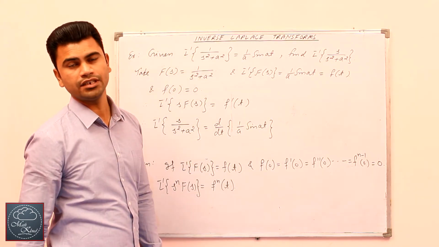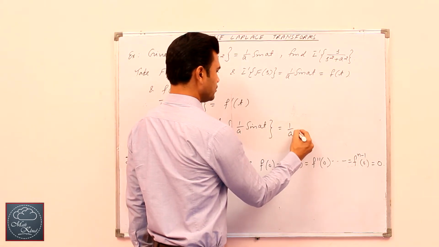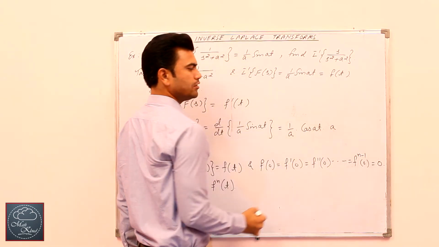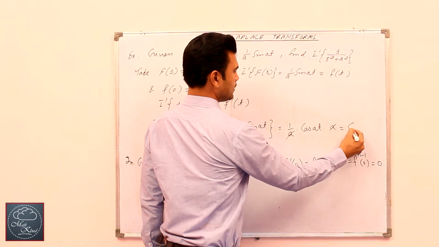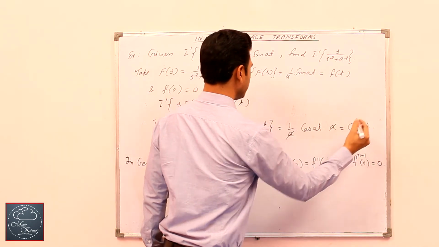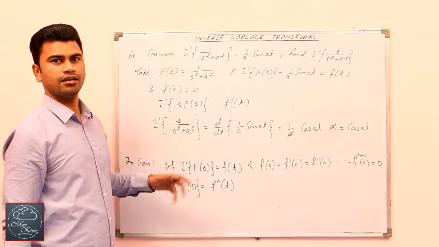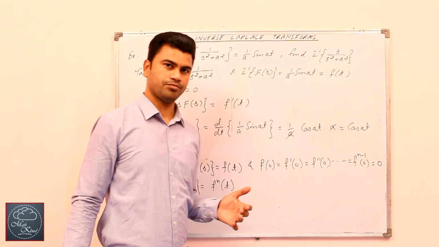The derivative of sine of at is cos of at into a, and here a gets cancelled out, so the inverse Laplace transform of s over s square plus a square, as you know, is cos of at.